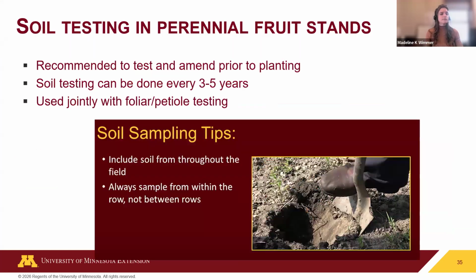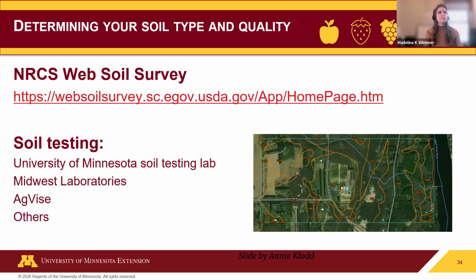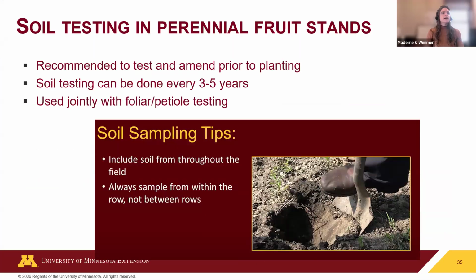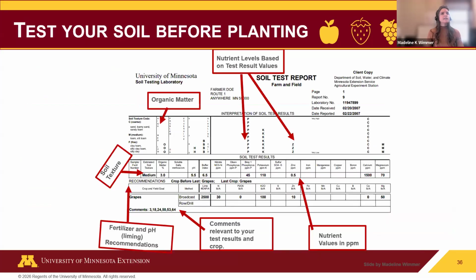At the University of Minnesota, you can get a soil test done, and then there are other labs as well where you can get soil tests done. So we recommend doing soil testing every 3 to 5 years, as well as before you plant. And we do have a video on YouTube that goes into information about how to collect your soil test.